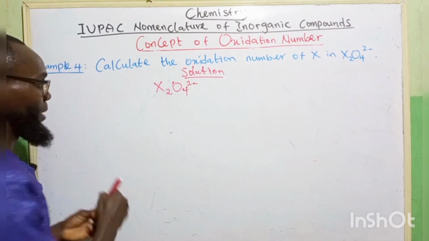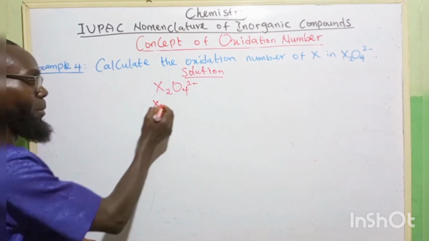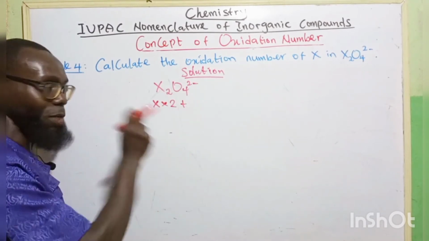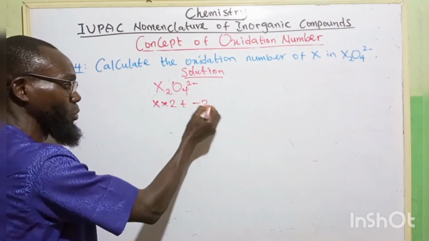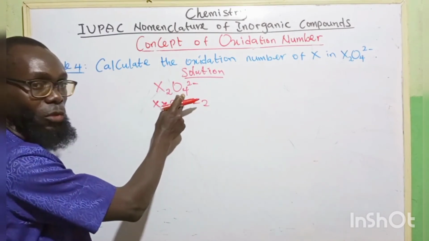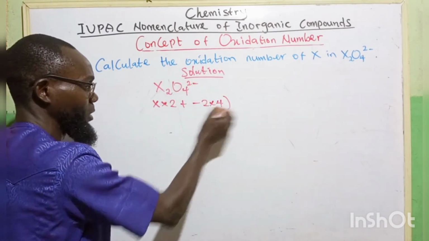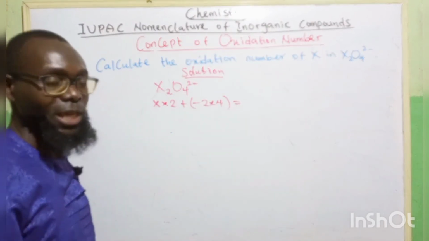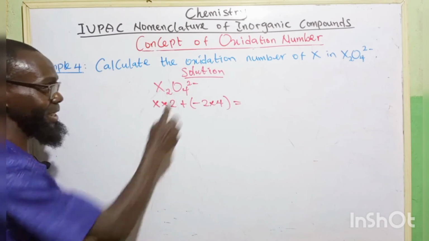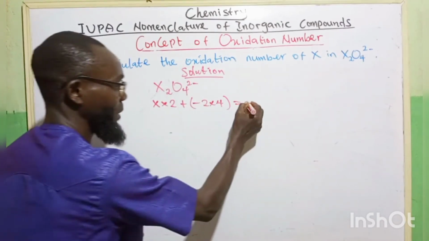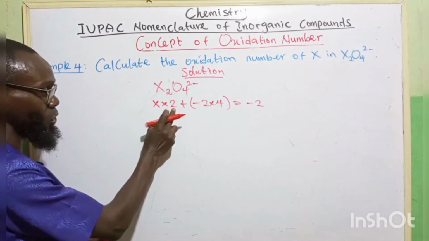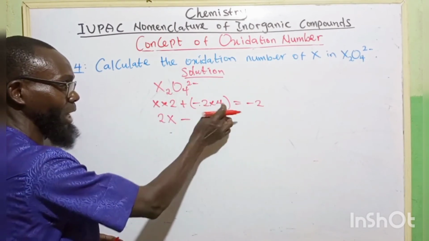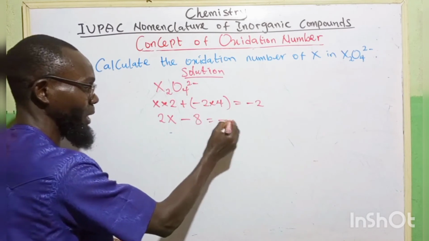That is x multiplied by these two, plus the oxidation number of oxygen, which is -2, with a subscript of 4, multiplied by 4. Don't forget from our previous class, the oxidation number of a radical is equal to the charge on it, and the charge here is 2 minus, that is -2. X times 2, we have 2x, plus times minus, -2 times 4, we have 8, is equal to -2.